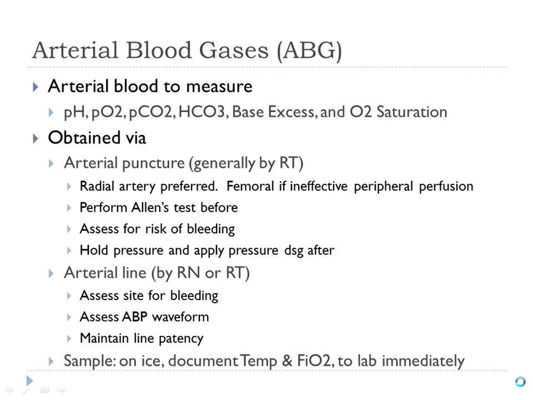Be aware of what the Allen's test is. If you want to practice it on somebody next to you now, you can. Whichever arm is going to be stuck, you occlude the radial artery and you occlude the ulnar artery. You push down really hard, and the hand will get pale because it's not getting blood.